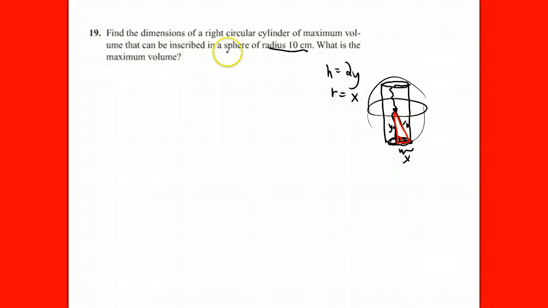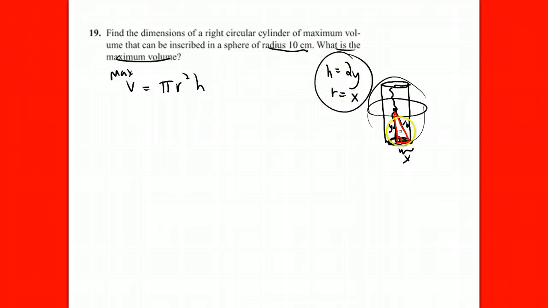If you want me to maximize the volume of the cylinder, I'll start off with pi r squared h, but I want to put it in terms of x and y, replacing h with 2y and replacing r with x. So I get this formula here that I want to maximize.